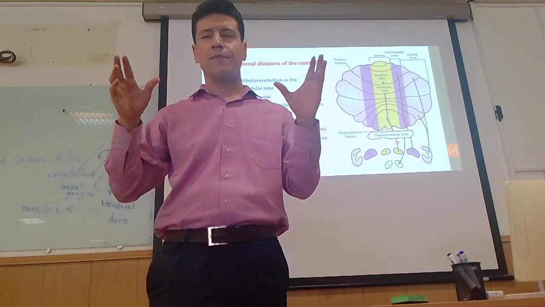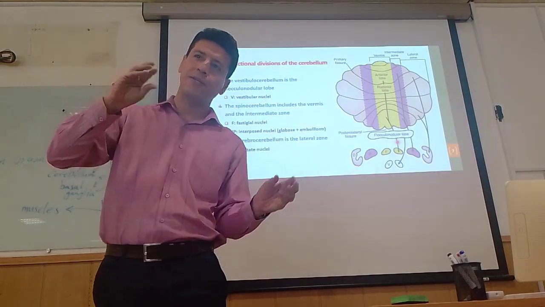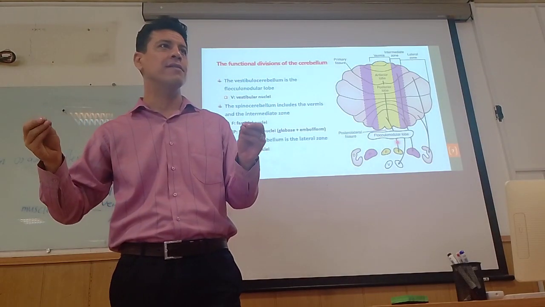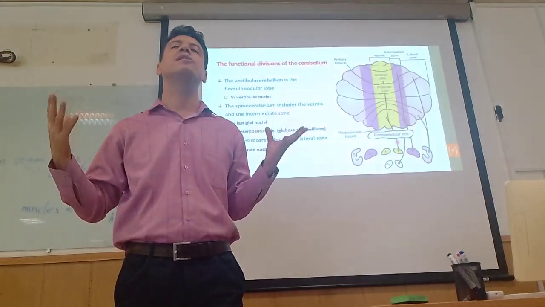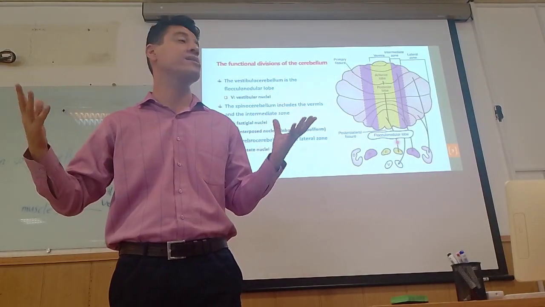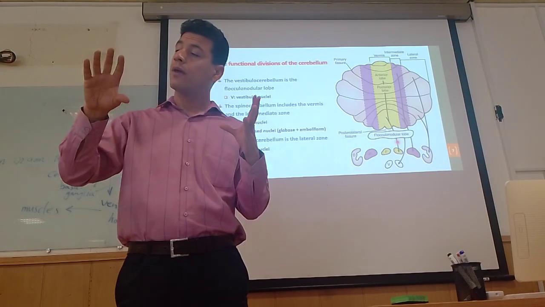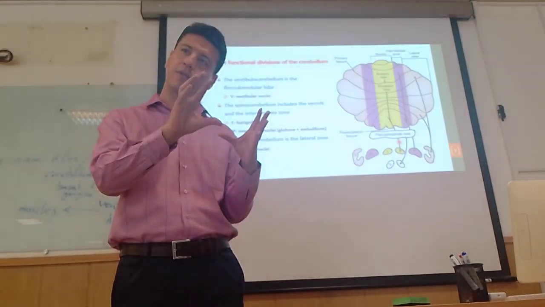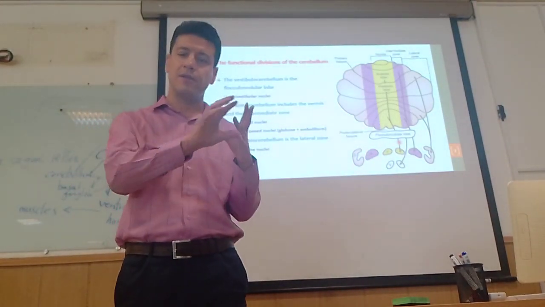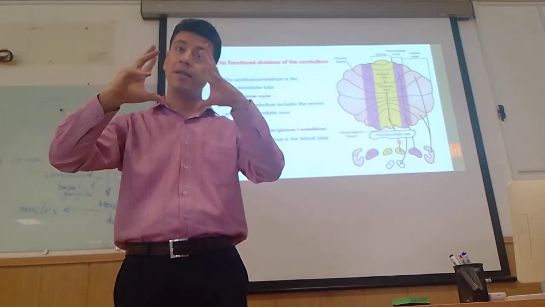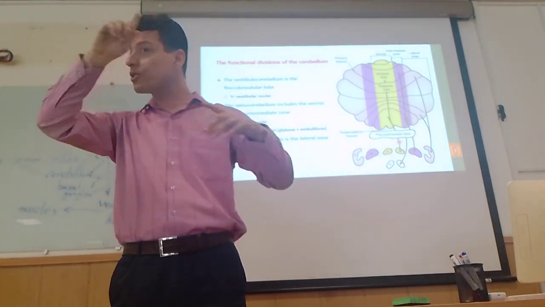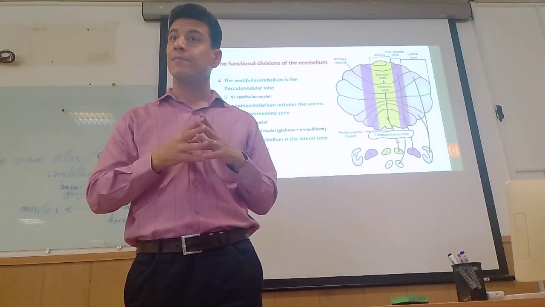Now you know that every part of the CNS is connected with every other part. So you should consider the whole CNS as a network or as several networks. The cerebellum is part of this network. Another part is the basal ganglia, another part is the spinal cord, another part is the cortex. They are all connected together and they do the functions together. It means the whole brain is involved in learning.